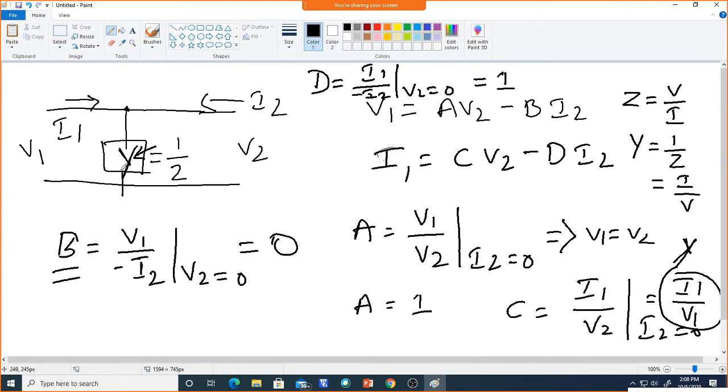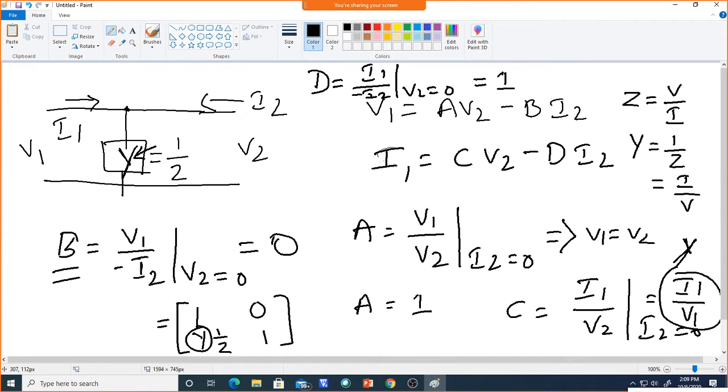So the ABCD parameters for this parallel connection are 1, 0, Y (or 1 over Z), and 1. This is the ABCD matrix for your shunt connection. Okay, is it understood?